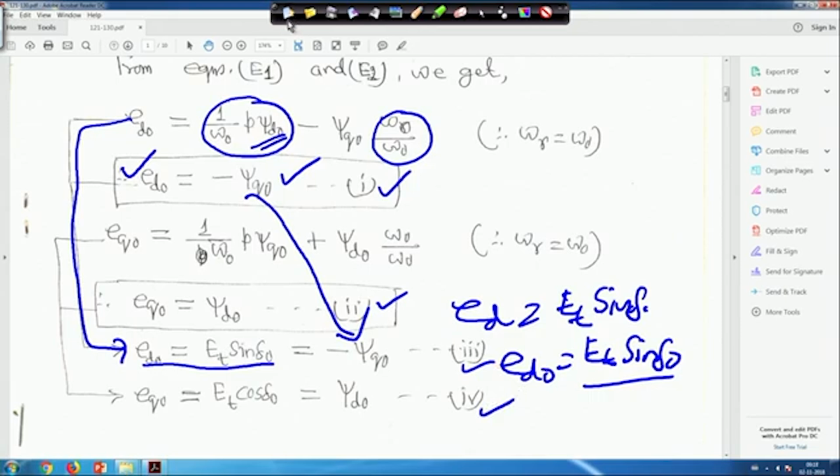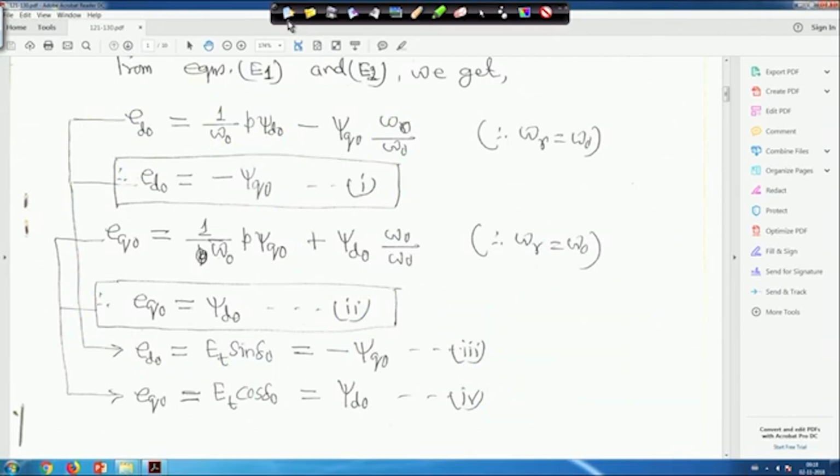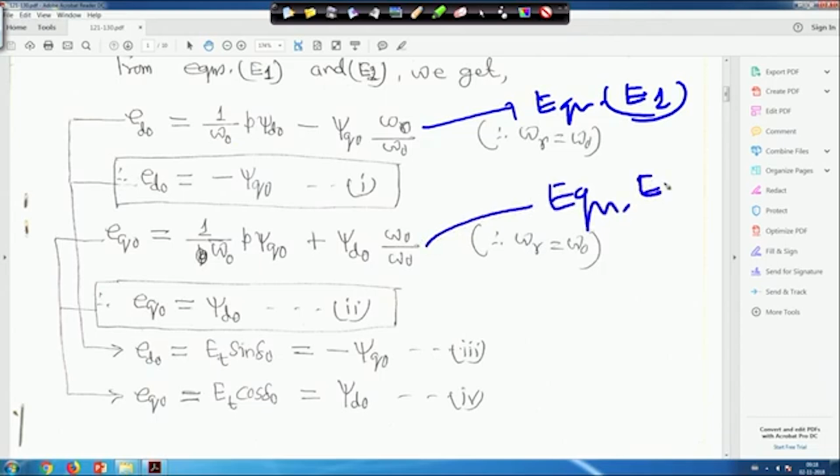Now, similarly, if you make EQ 0, from the same equation, that is E2, the previous page we have seen equation E1, just make it all 0, the initial operating condition. Similarly for this one, this is equation E2.